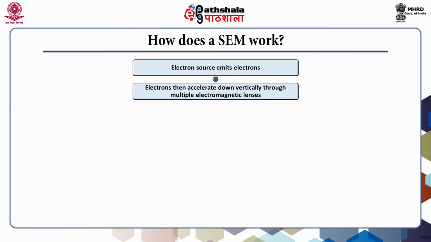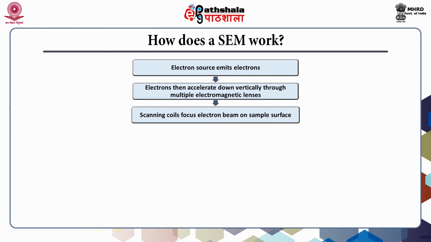The lenses help to produce a focused electron beam. The electron beam moves in vacuum across a vertical path through the microscope. The sample chamber area is evacuated by a combination of pumps. The sample is placed inside the chamber.